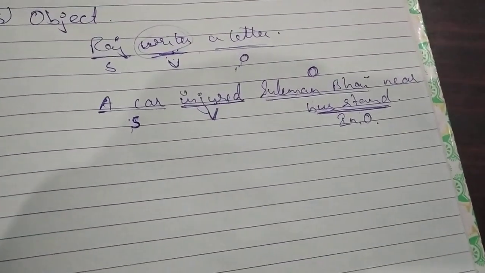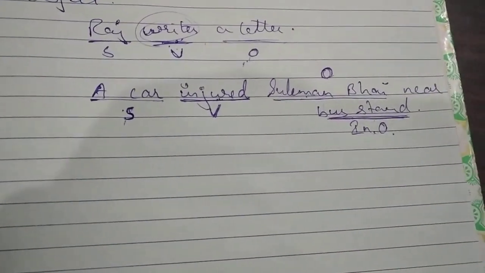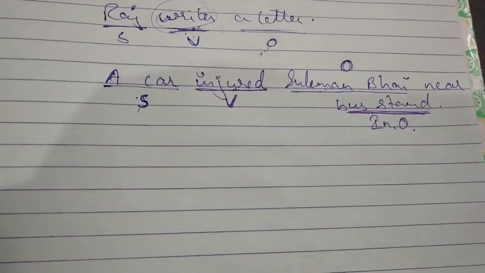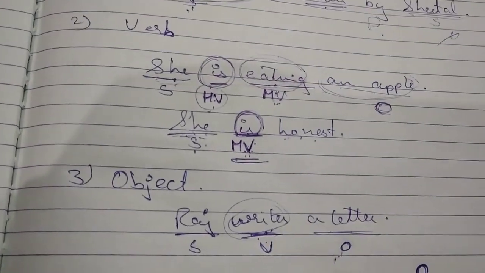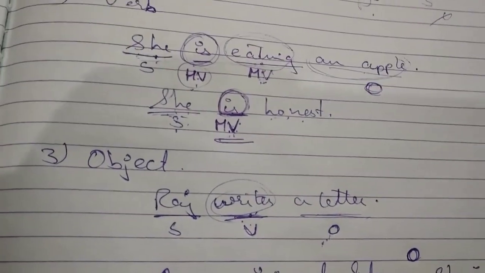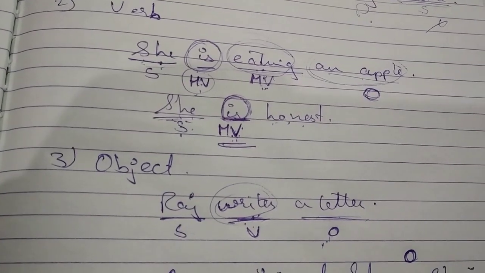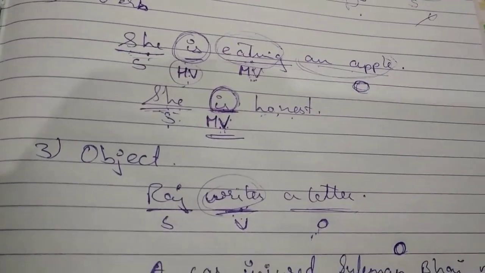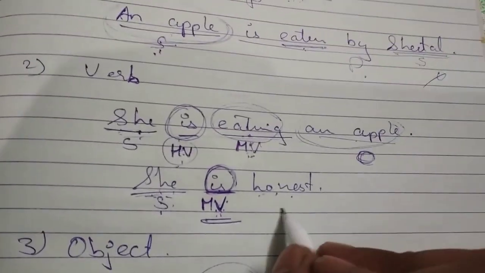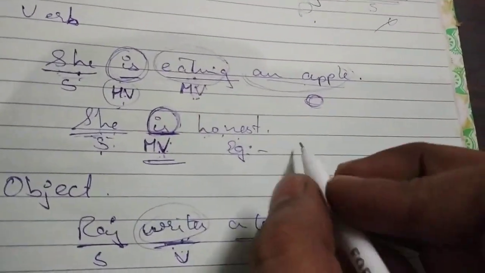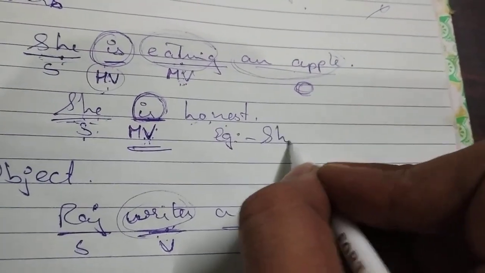Now see one more thing you have to remember. Sometimes what happens, there are two three verbs in the same sentence. Okay, let me give you an example.